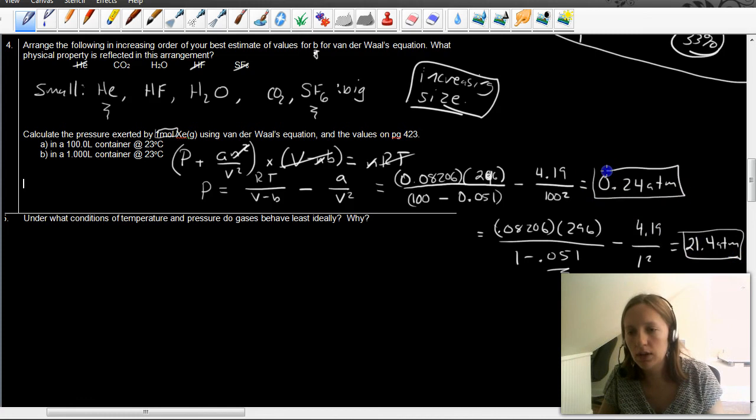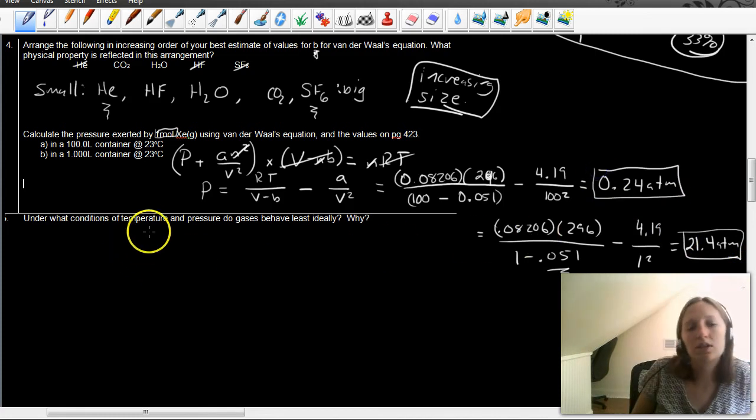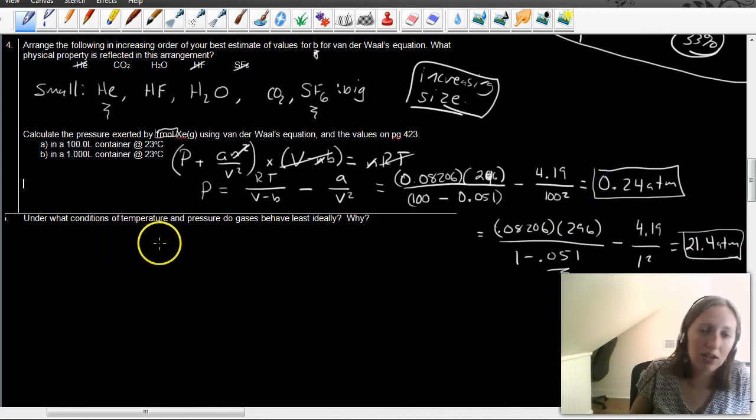All right, and then under what conditions of temperature and pressures do gases behave least ideally, and why? Least ideally is going to be cold and high pressure, because most ideally is hot and low pressure.